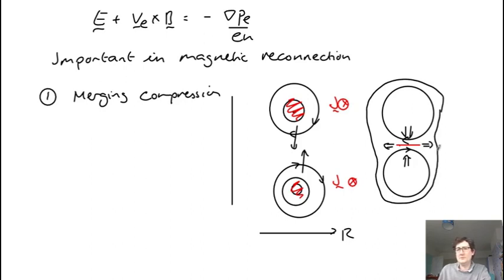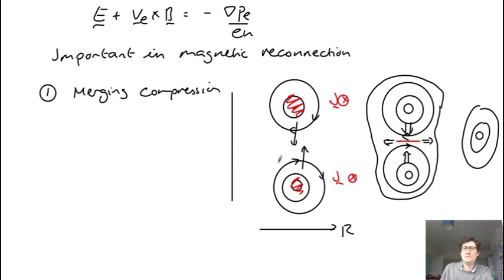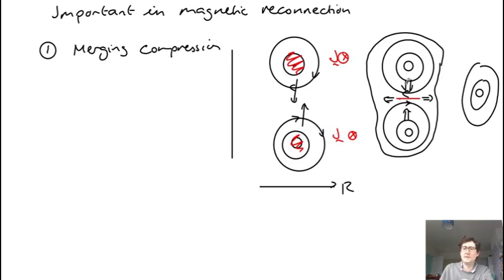So you end up forming one set of nested flux surfaces at the end, because you take these flux surfaces from the individual currents here, reconnect, so you take these field lines and break them and diffuse them across this narrow layer, and eject them out the end and form this single set of flux surfaces. And so this is a merging and compression process which involves reconnection. This is generally at quite low temperatures, so tens of eV maybe, because this is during startup, just the very beginning of the plasma.